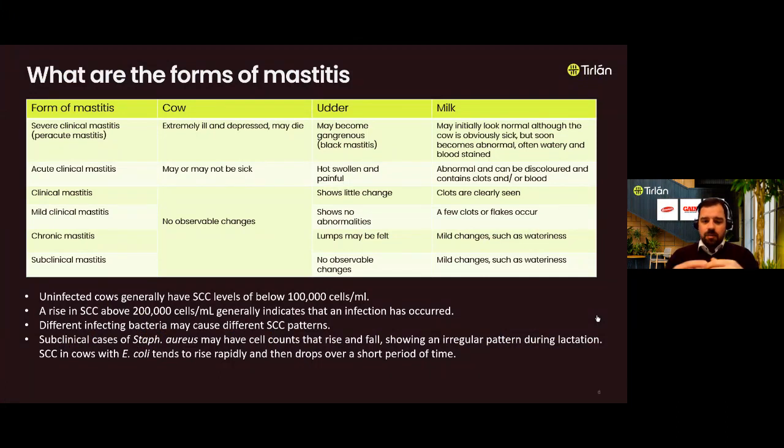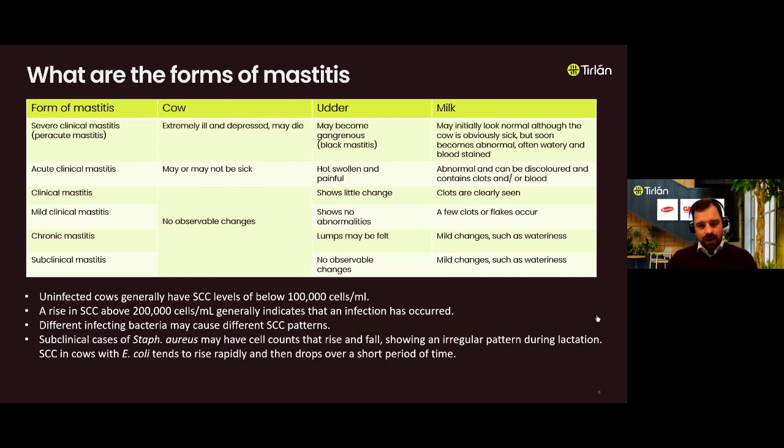So an increased cell count. Now, a lot of people obviously know the values that are at stake here. There is the bigger cutoff of the 400,000, above which penalties kick in. There is the 200,000, but these are all at bulk tank level.